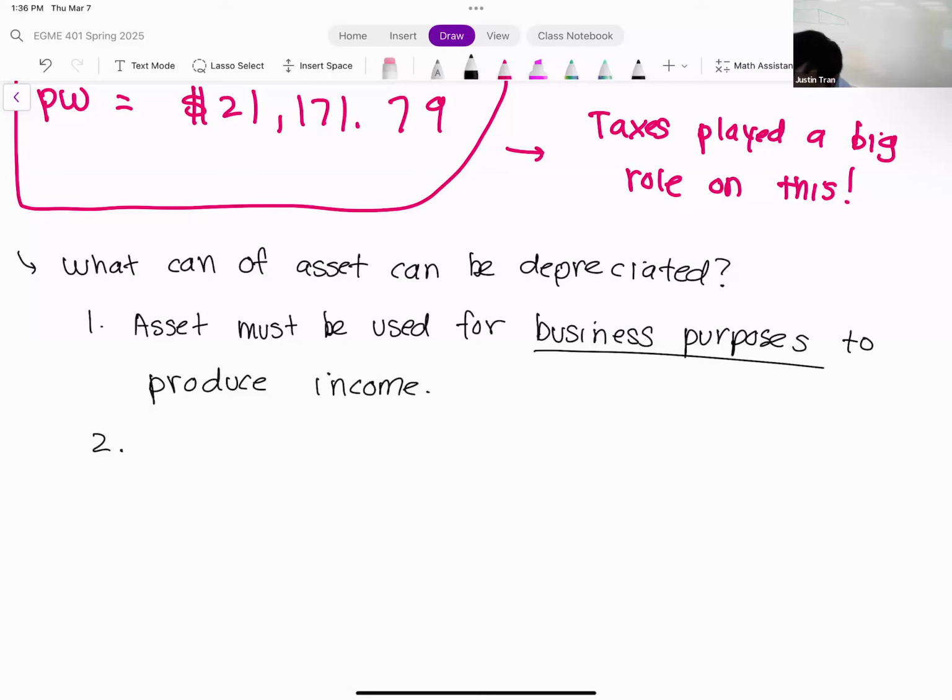Okay. Number two, the second criteria is that the asset must have a useful life that can be determined, and it must be greater than one.